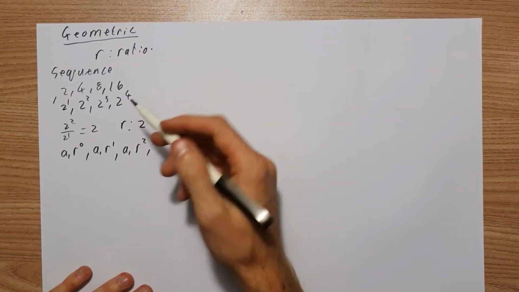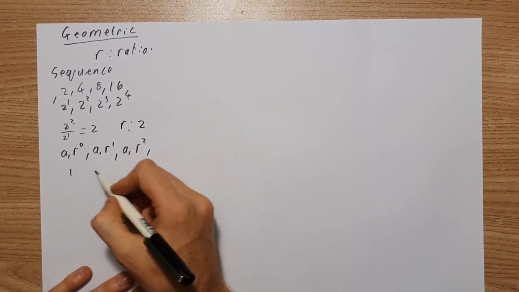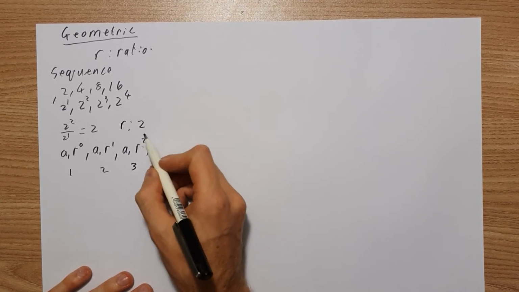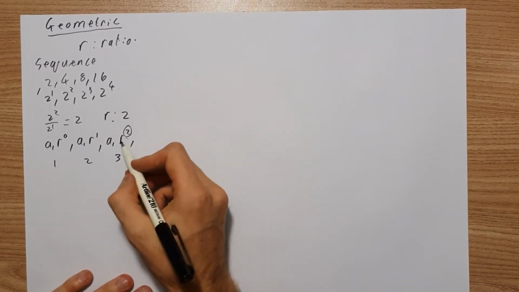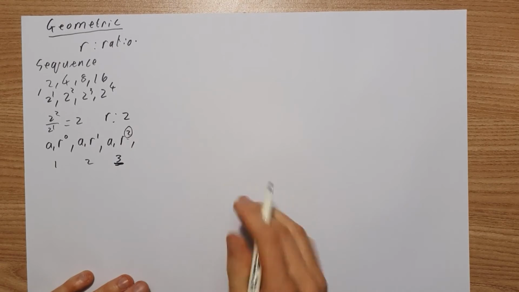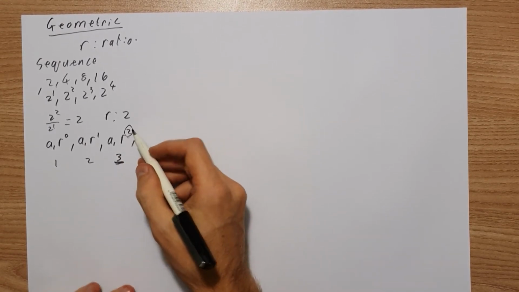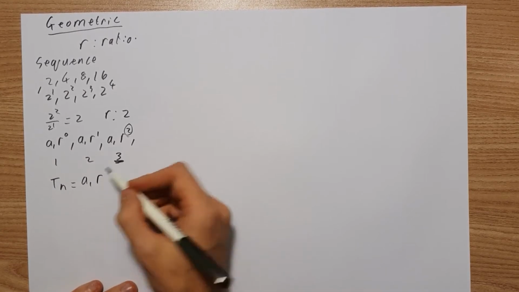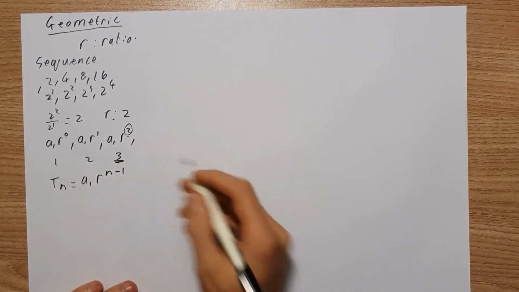But we can see that for the first term, second term, third term, the power, or the exponent, is 1 less than the term I'm dealing with. So on the third term, it's to the power of 2. So Tn is just going to be a1 times your ratio r to the power of n minus 1.